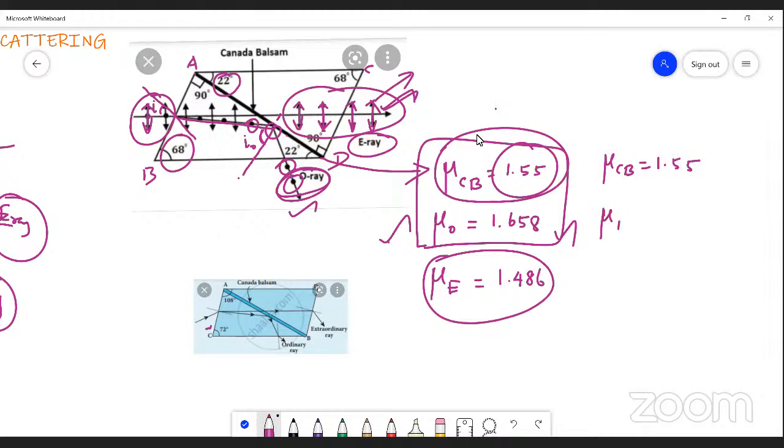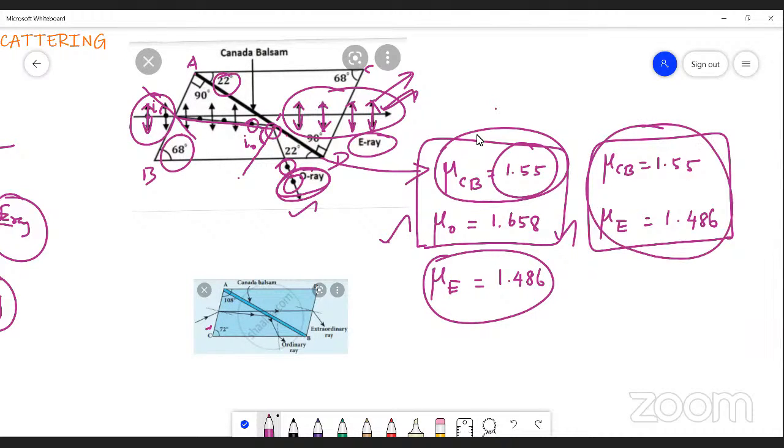Refractive index of extraordinary ray is 1.486. Which one is greater? Canada balsam. So the Canada balsam acts as a denser medium for the extraordinary ray. Very good. Am I right? Yes, sir.